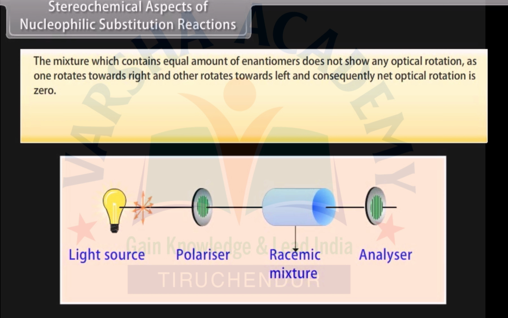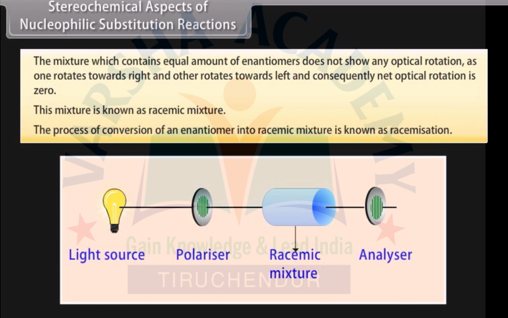The mixture which contains equal amount of enantiomers does not show any optical rotation, as one rotates towards right and other rotates towards left, and consequently the net optical rotation is zero. This mixture is known as racemic mixture. The process of conversion of an enantiomer into racemic mixture is known as racemization.